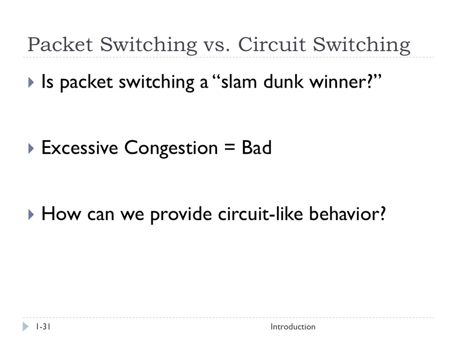Also, something interesting is there are often times when we need to provide circuit-like behavior over a packet switched network. For example, if you need to send real-time video over a packet switched network, then you do care about having a reserved amount of bandwidth because your video is going to look bad if you can't maintain this constant rate of transfer.